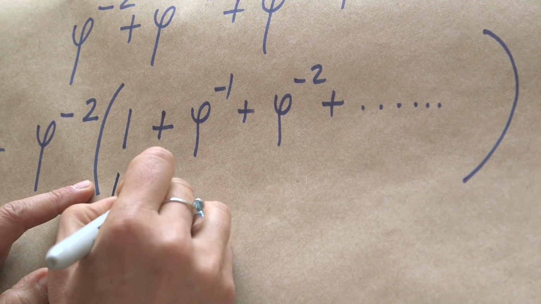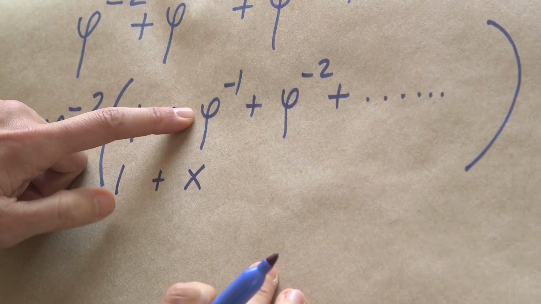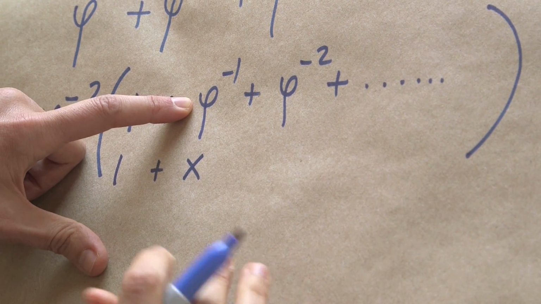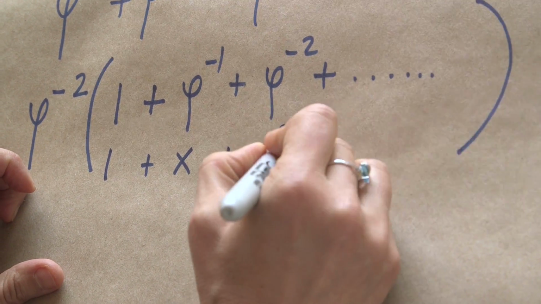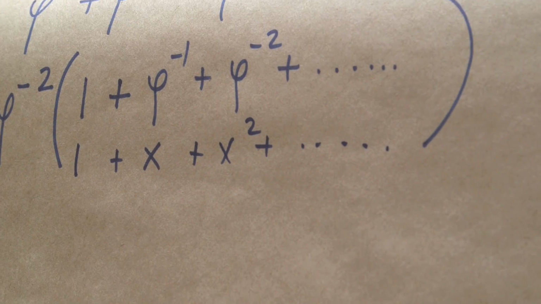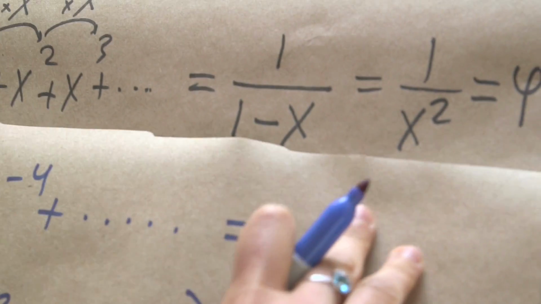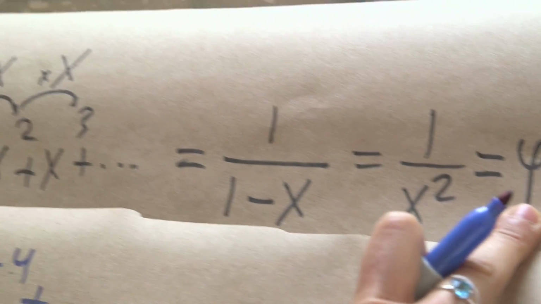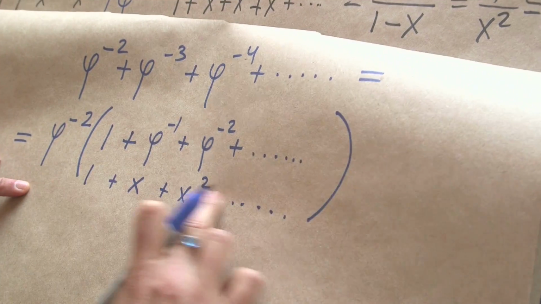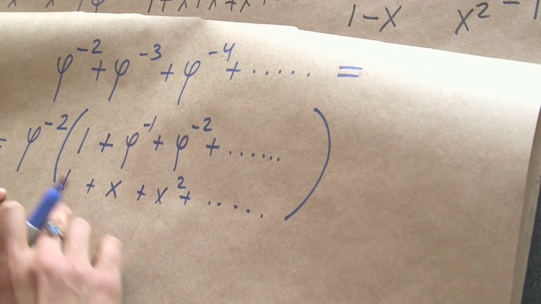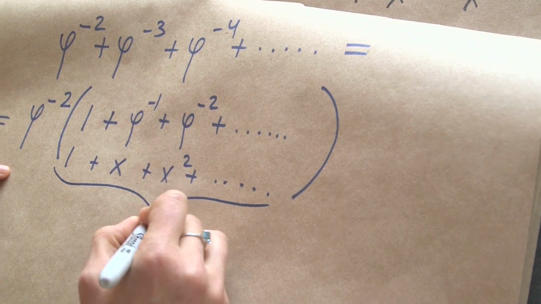This is 1 plus x. Remember, x was the reciprocal of the golden ratio, plus x squared, and so on and so forth. Let's see, where was that? That was phi squared. So this sum here overall is phi squared.